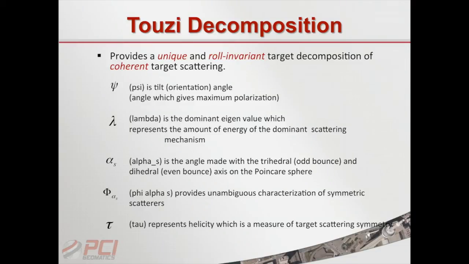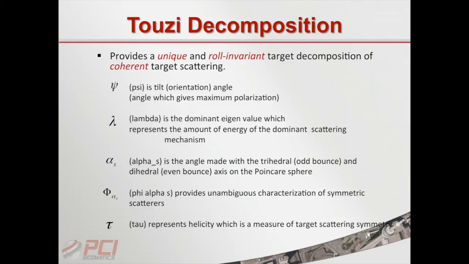Rita Touzi, who works at the Canada Centre for Remote Sensing, has come up with a very specific decomposition. It breaks everything down into 5 parameters. I alluded to it at the beginning of the talk. Psi is that angle. Remember I was telling you about how much you have to rotate it to maximize the power.